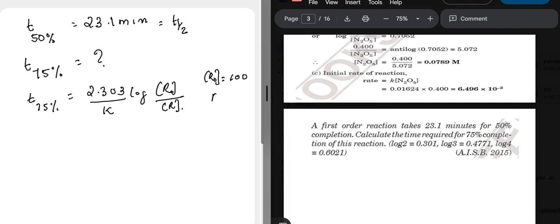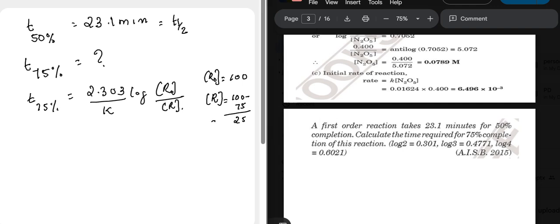And 75% completed means out of 100, 75 is completed. So how much is remaining? 100 minus 75, that is 25 will be remaining. And remember, R is the amount left after a given time interval. So R0 is 100, R will be 25, and we don't have K.